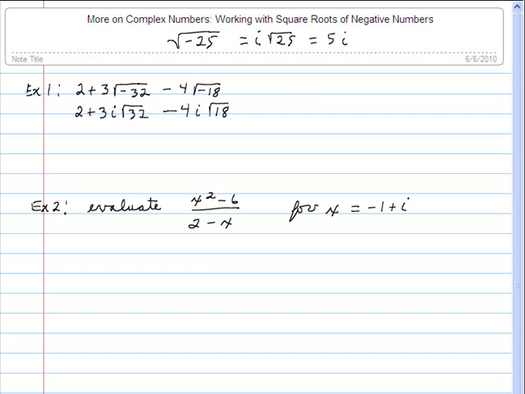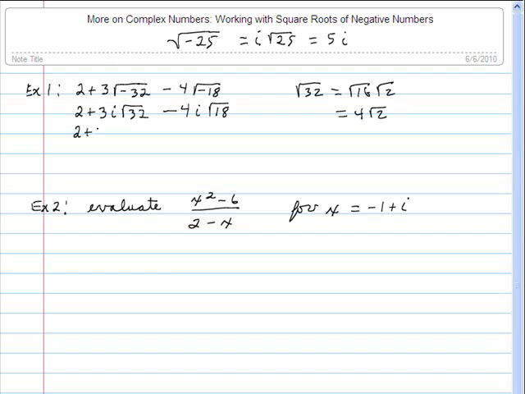Okay, now you need to know how to simplify square roots. The square root of 32, you'll recall, is the square root of 16 times the square root of 2, and the square root of 16 we know to be 4. So the square root of 32 is the same as 4 square roots of 2. So I'll come in here and I'll rewrite this as 2 plus, and then remember the square root of 32 is 4 times the square root of 2.